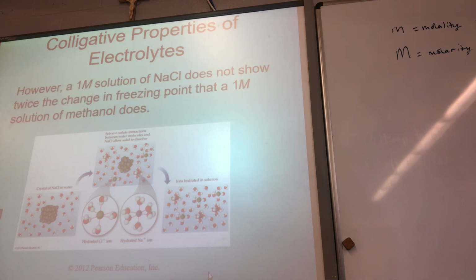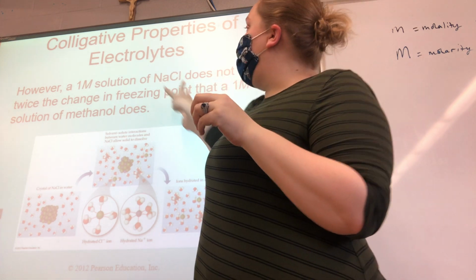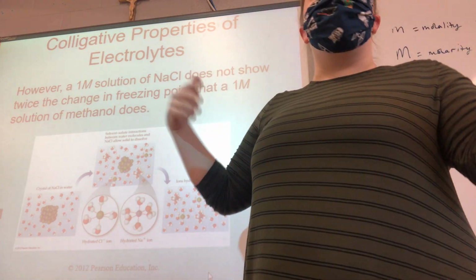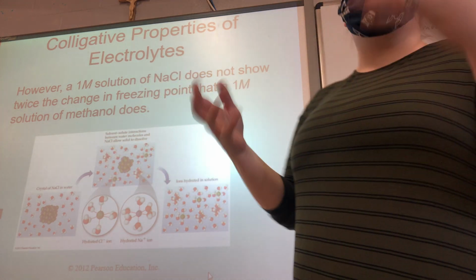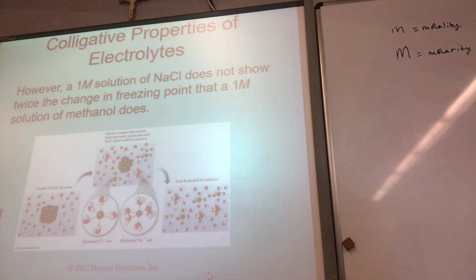When it comes down to it, it is not like, hey, since NaCl dissolves into 2 particles, that it should be double the effect. It's not like that, but there is a change, right? It is an amplified effect. We're not saying that since there's going to be twice the particles for one solute, that the effect should be doubled, right? It's not like a directly proportional situation.